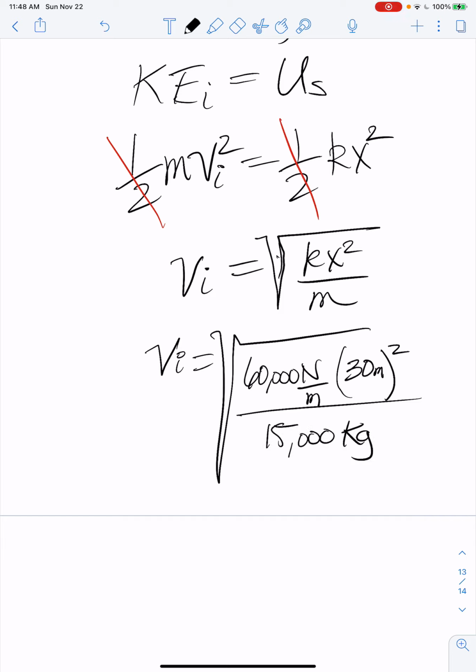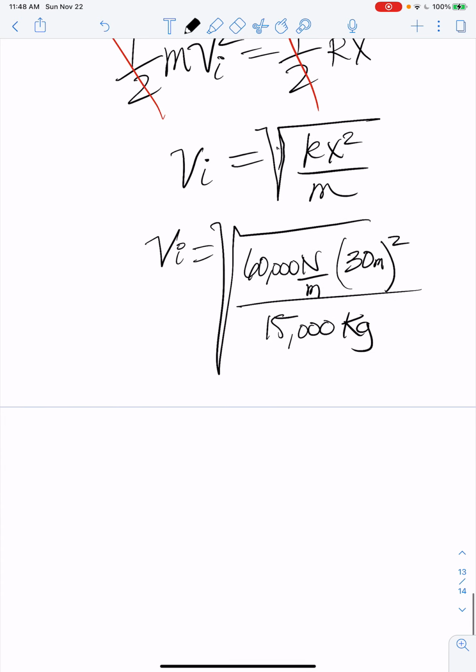So the units are going to do exactly what they did before. And the numbers, 30 times 30, what's that, 900, I think? 30 30s, yeah. Times 60,000 is going to equal 54 million, I think, on top. So we end up getting 54 million. The units are going to be meters squared per second squared. We already know that.